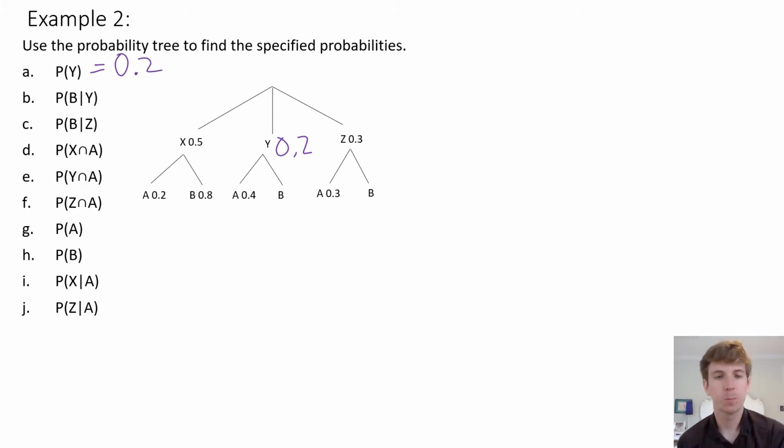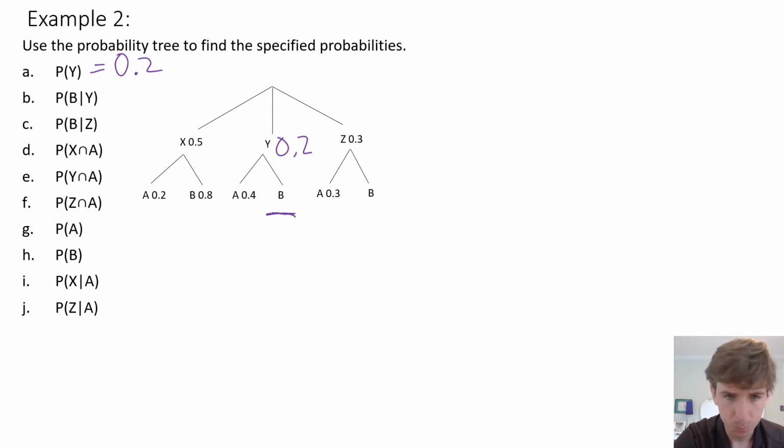B given Y. We have a lot of B's here, some of which we already know. But the one we're interested in for B given Y is this one. We know that Y has already happened, and we're looking for the probability of B. It may look like we're going to have to use the conditional probability formula here.